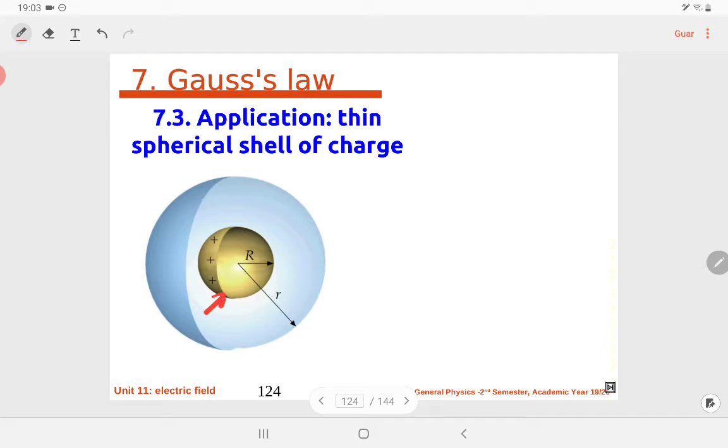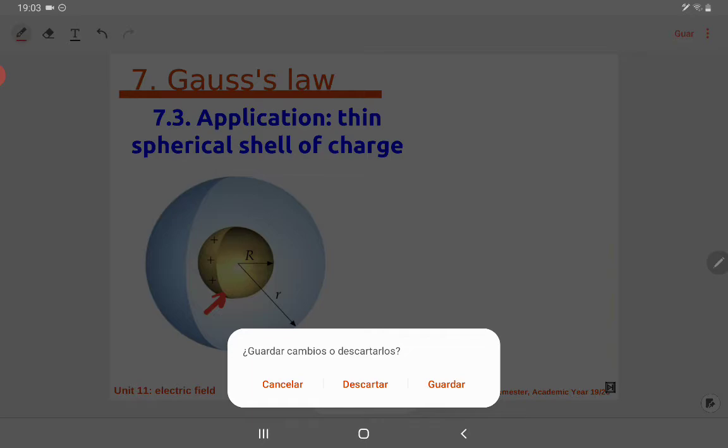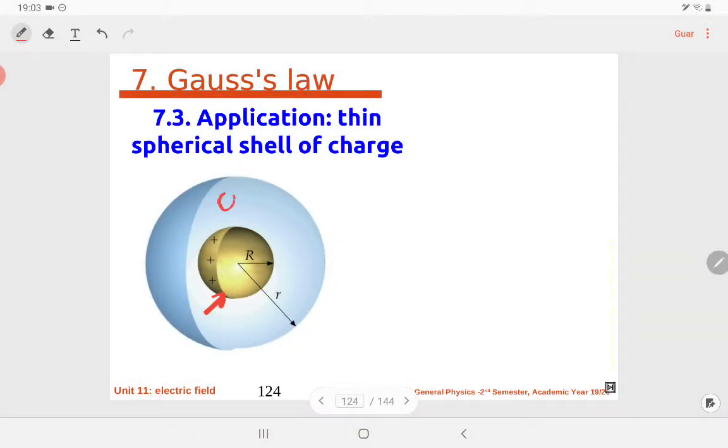Okay, there is charge on it. We'll think that the shell has a total charge of plus big Q, and the shell has a radius of big R, as given here. And we want to know what the electric field is outside the shell and inside the shell.